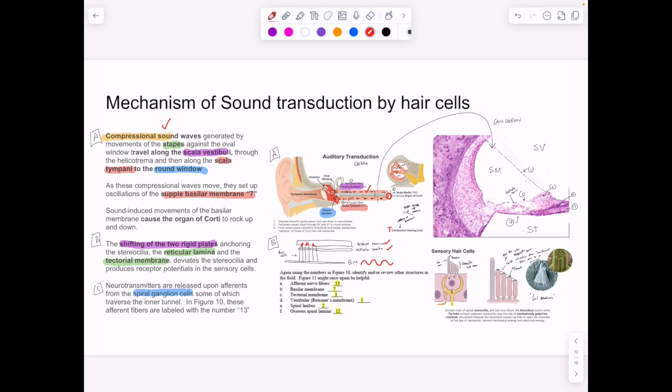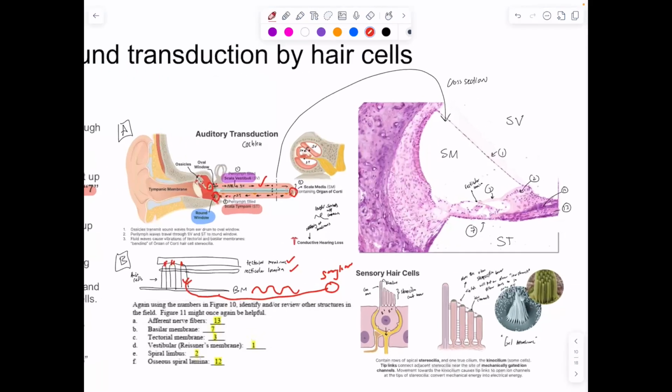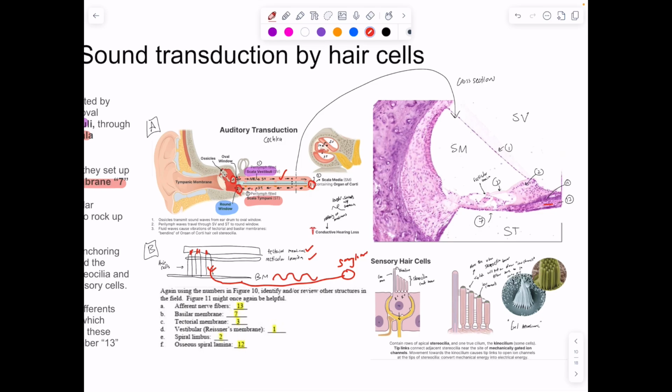All right, and then the hair cells are synapsing with the ganglia, or with the dendrites from the ganglion cells. Okay, and you can see that here. These are the afferent nerve fibers from the ganglion cells. We have our basilar membrane, you have your tectoral membrane, you have the vestibular membrane separating scala vestibuli from scala media.